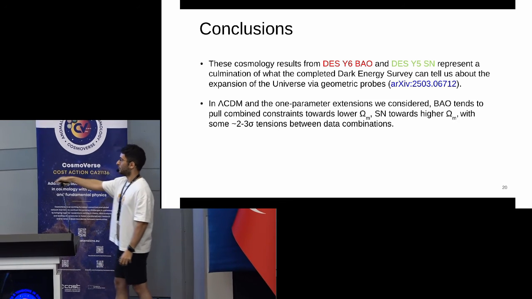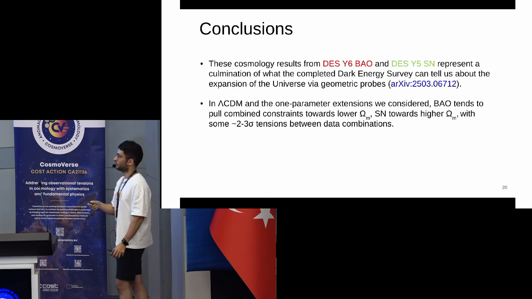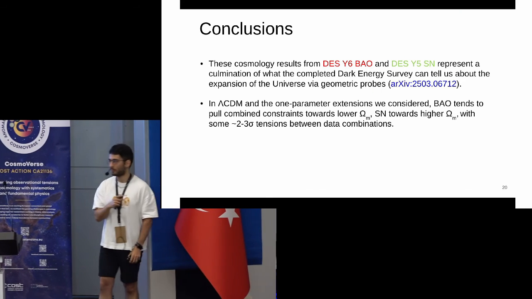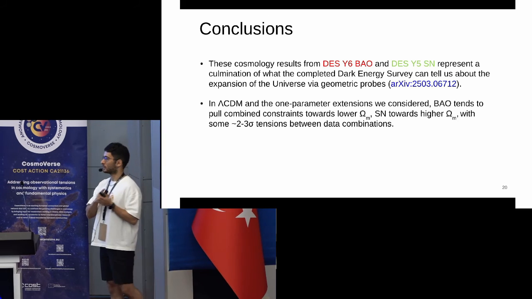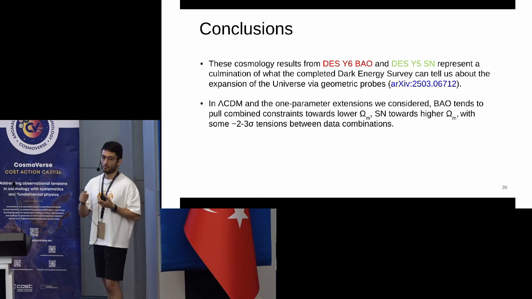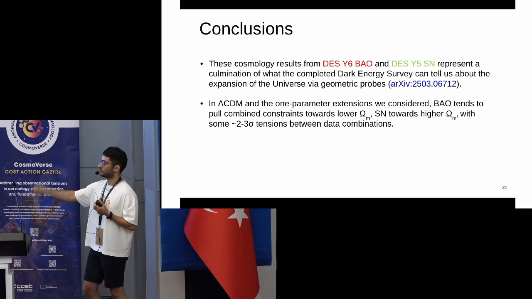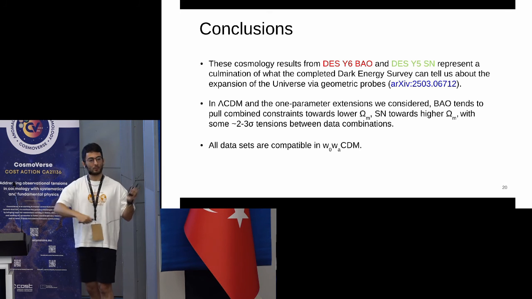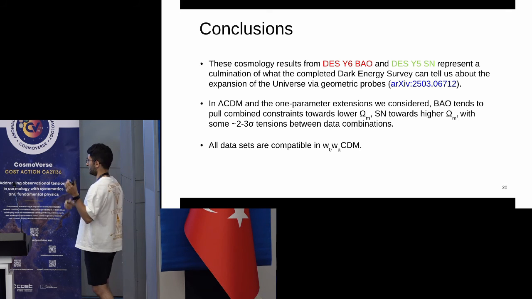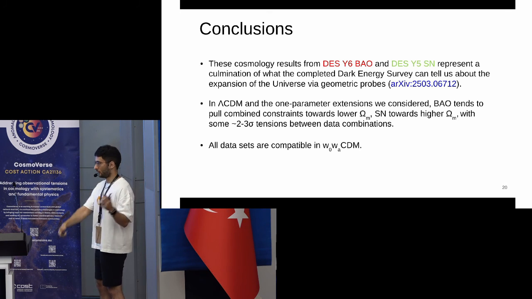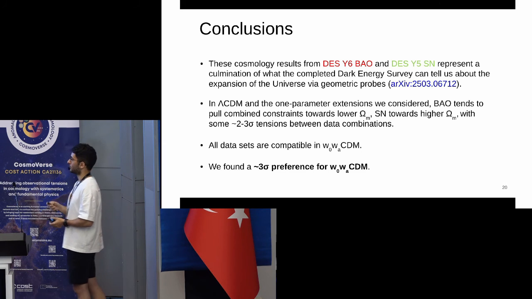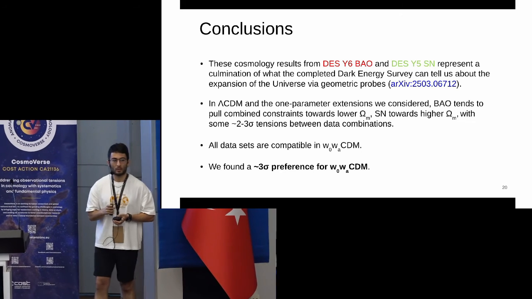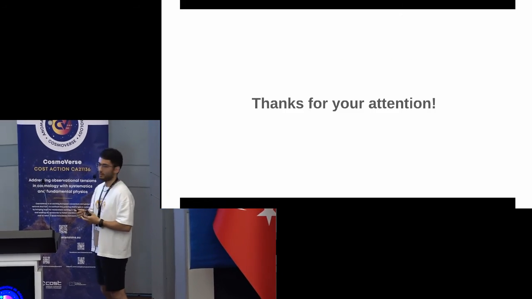In Lambda CDM and the one parameter extensions that we considered, we saw that BAO tends to pull constraints towards lower values of omega matter, and Supernova towards higher values of omega matter, and we found 2 to 3 sigma tensions between data combinations. We found that all datasets are compatible in W0 WA, which is great. We're able to interpret all of them in this model, and we found a 3 sigma preference for W0 WA. And that's it. Thank you so much for your attention.